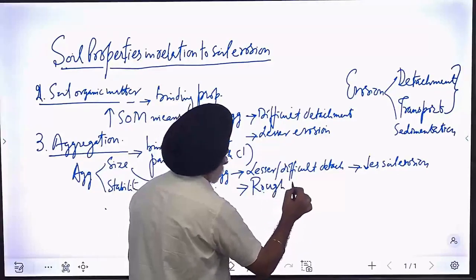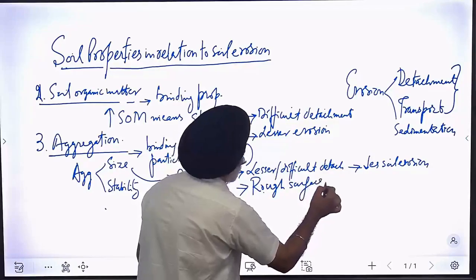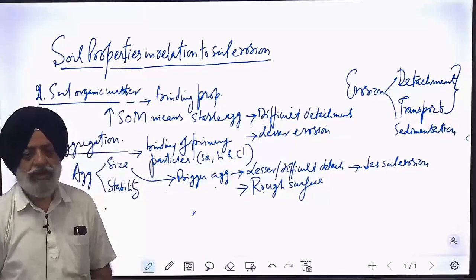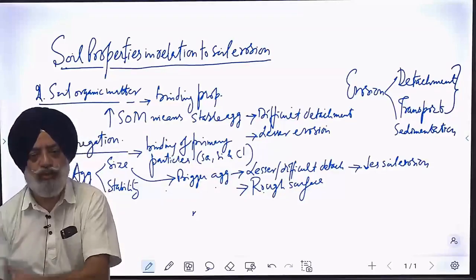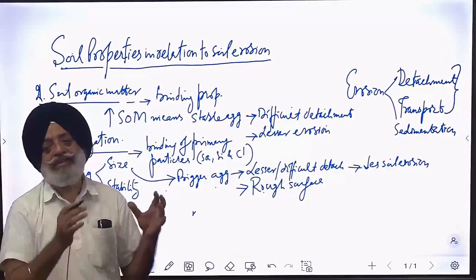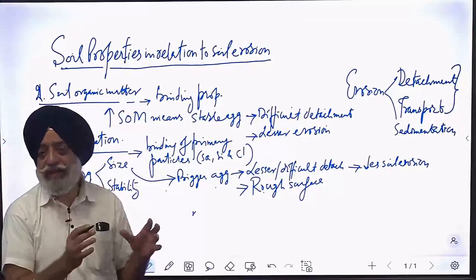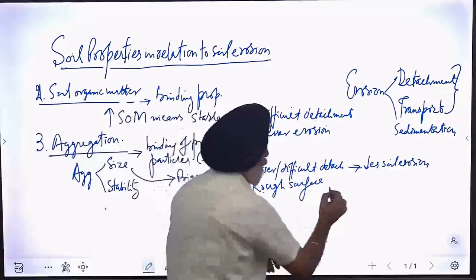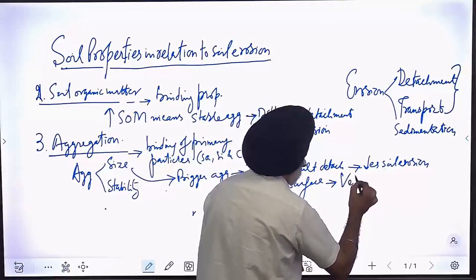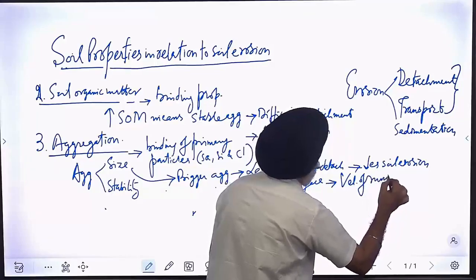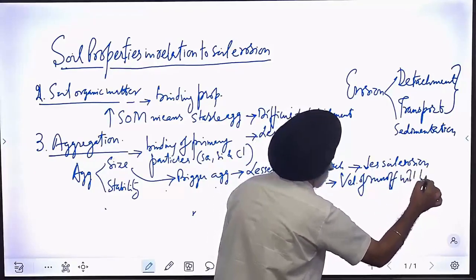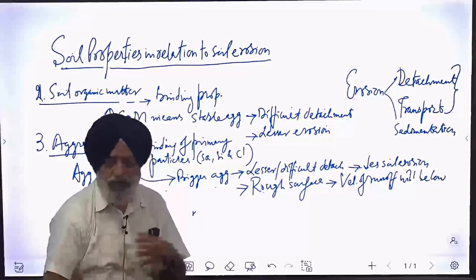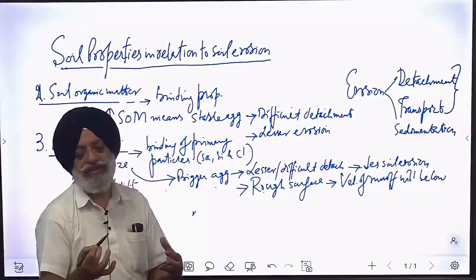If runoff water moves over a rough surface, on the other hand runoff water moves over a smooth surface, in the two cases the runoff velocity will be higher on the soil with a smooth surface. So, when the surface is rough, the velocity of runoff will be low, and low velocity means there will be more residence time for the runoff on the surface of the soil.